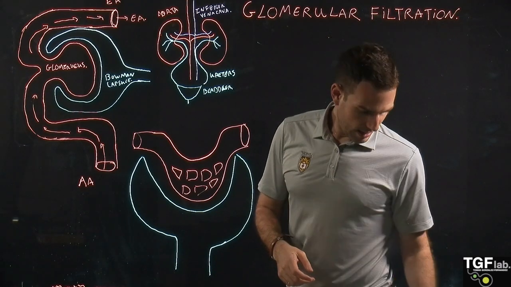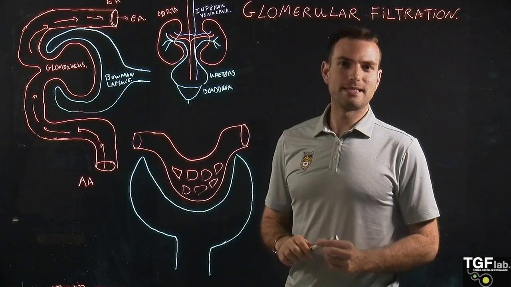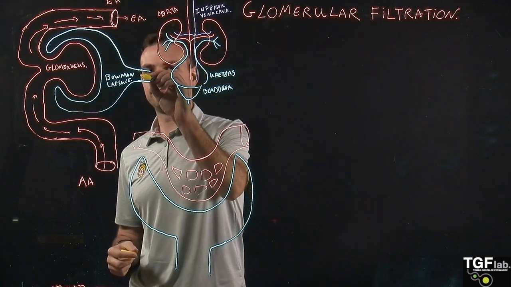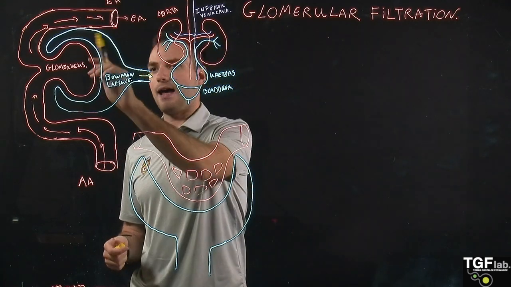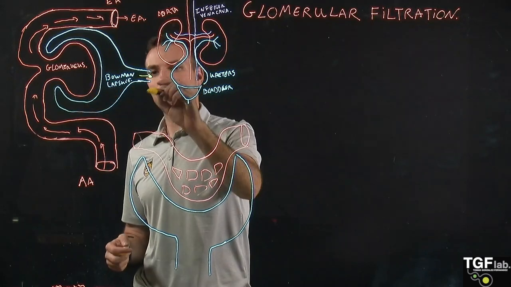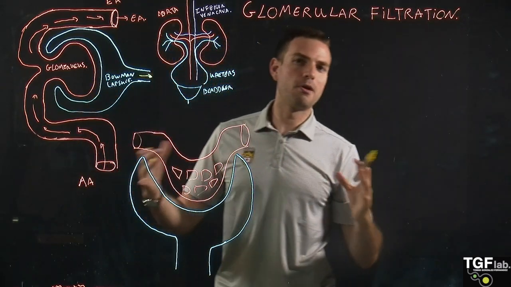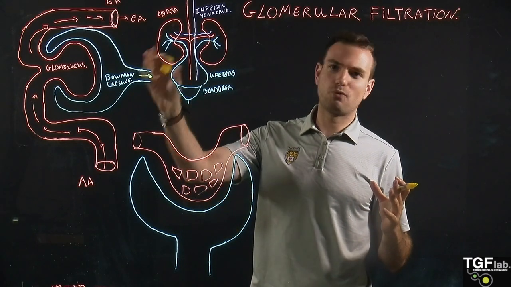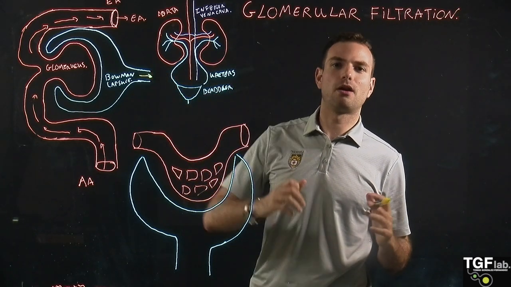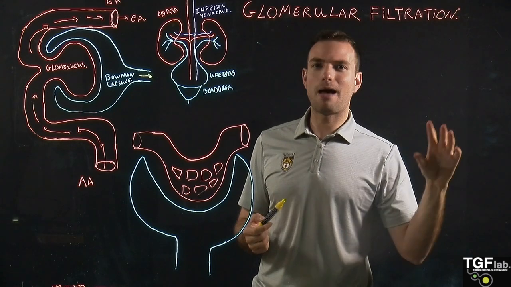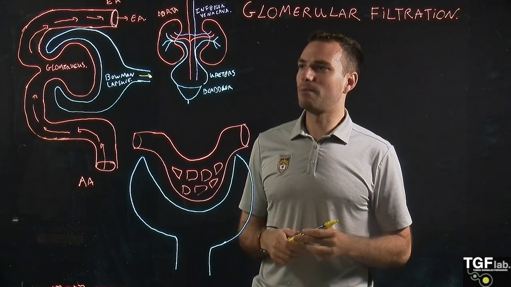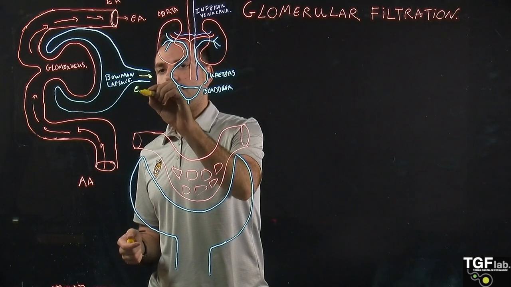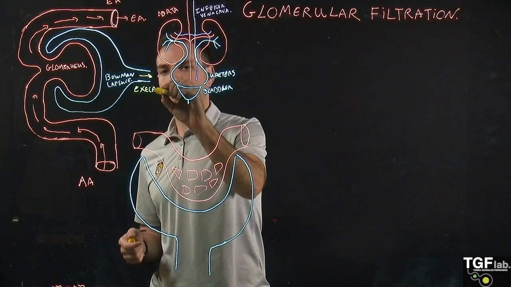So the most important process that happens here in the nephron is the process of excretion. Our blood is going to get filtered here, and we are going to form basically the urine. Well, the urine will get formed as well with all the process of absorption and reabsorption that is going to happen in the tubules. But here we're going to form the excretion.